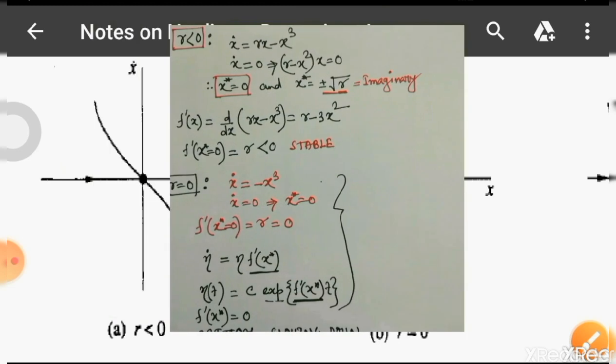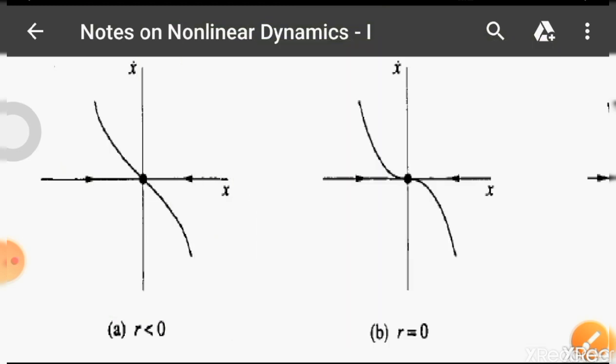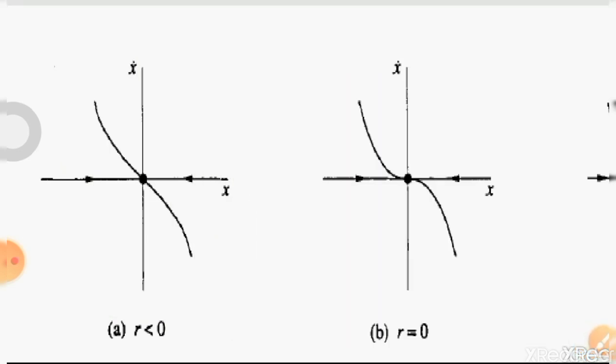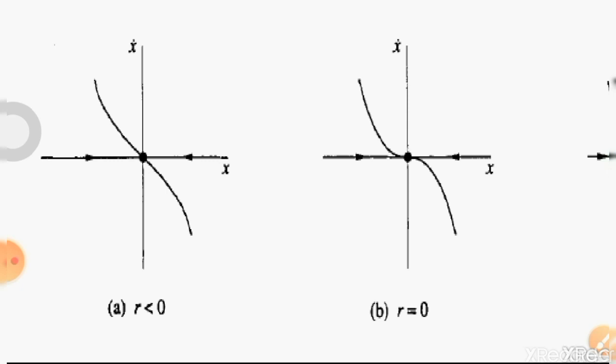Okay, so this is the difference between the stability of the fixed points for the two conditions, r less than 0 and r equals 0. When r is less than 0, you can see the perturbation decays faster than when the control parameter r has a value 0.